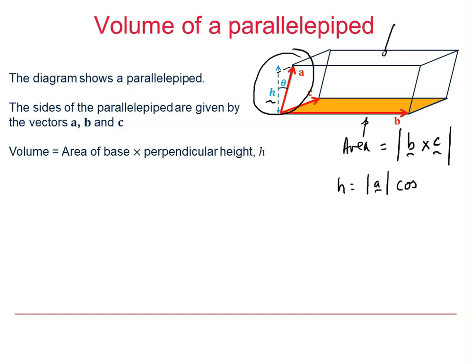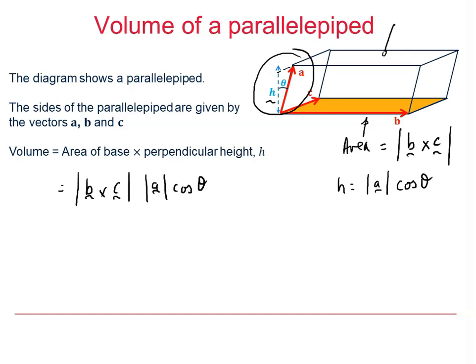Therefore, putting those two things together, we've got that the volume is equal to the modulus of B cross C multiplied by the modulus of A cosine theta.